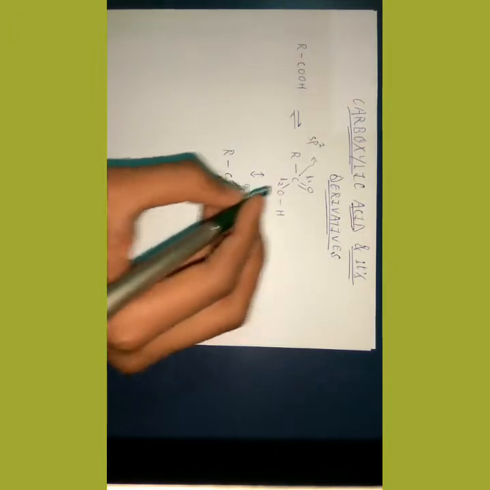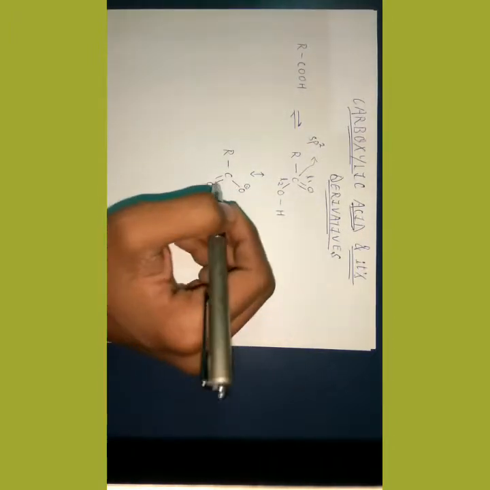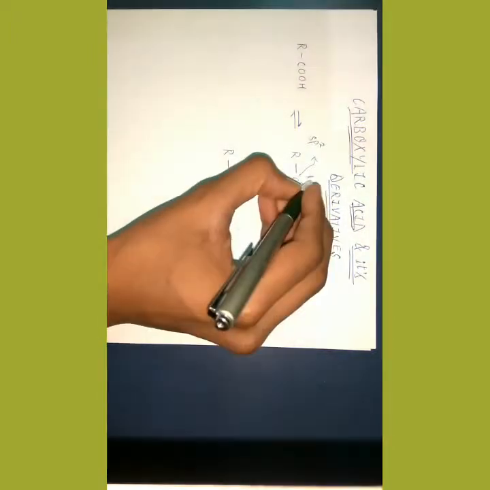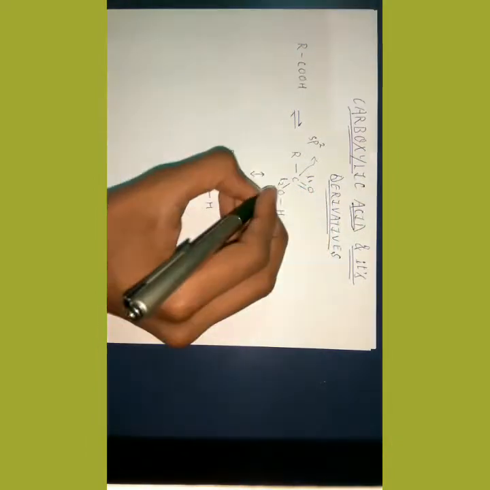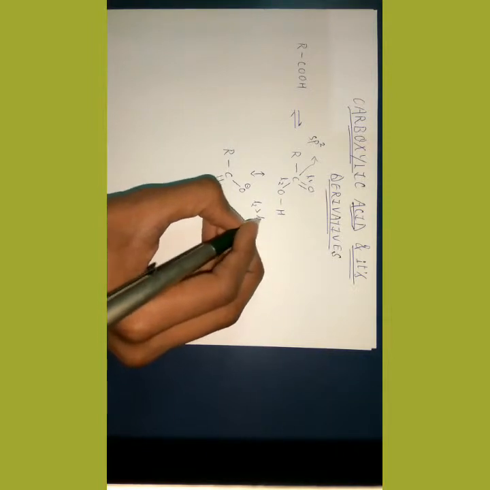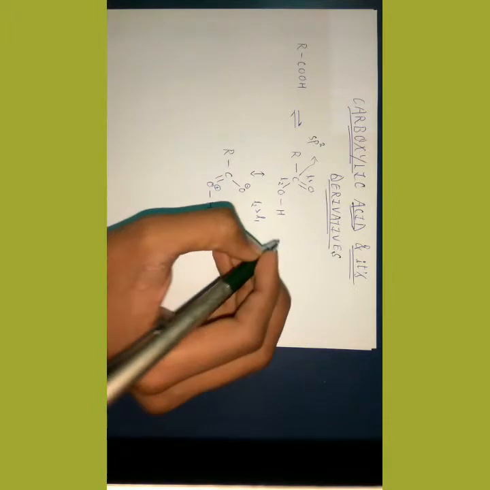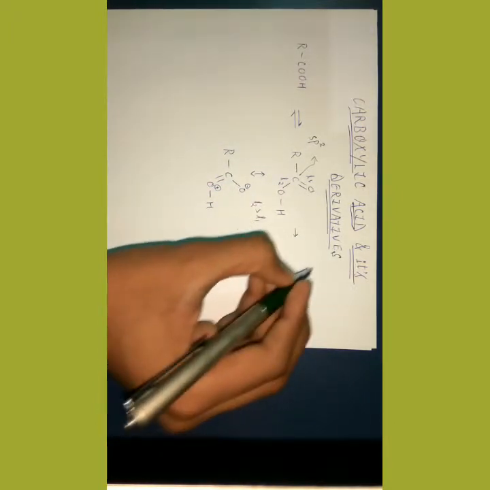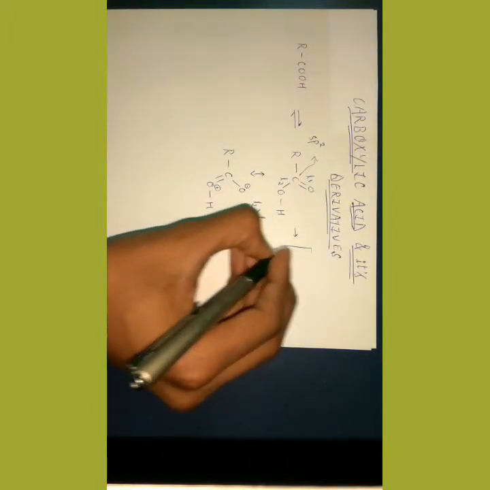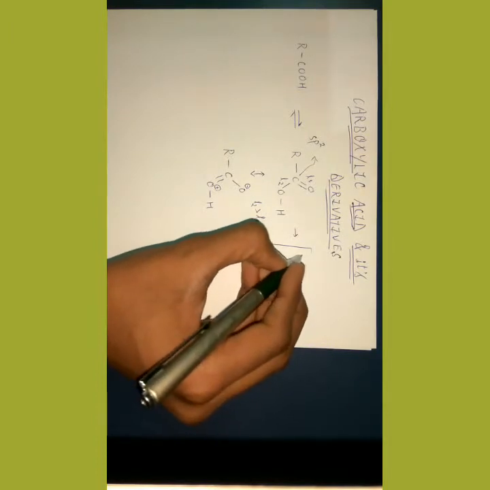Okay, now let's take a look at both of these. Here we can conclude that this is length L1 and this is length L2, then L2 is greater than L1. It's because the length of a double bond is shorter than a single bond. And now I'm showing how I have drawn the resonating structures.